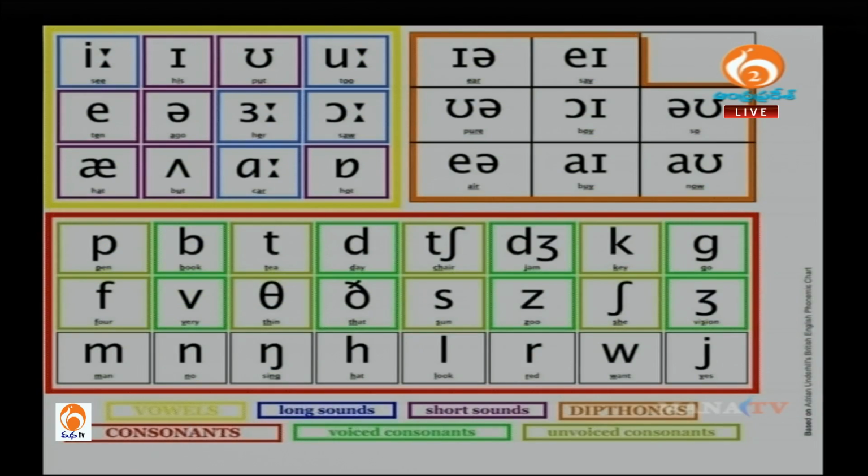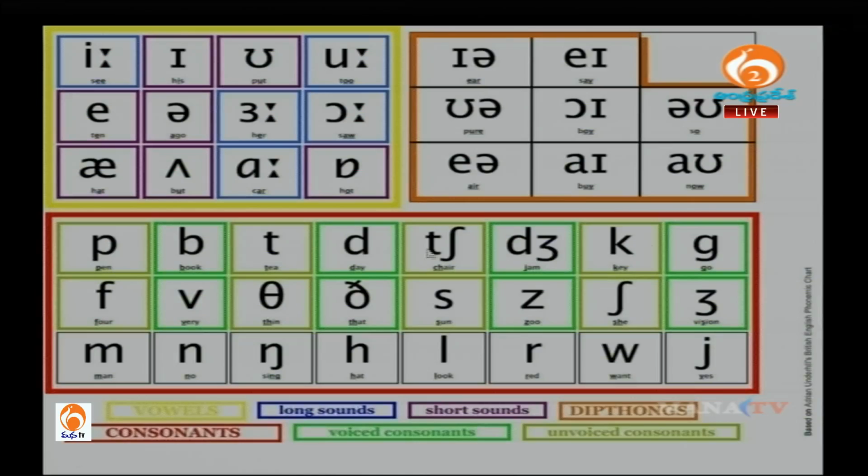So that's the biology part of getting the sound correct. F and V, once again, you bite your lower lip very subtly. So the letter F with the F sound on the slide, and then the letter V with the V sound on the slide.